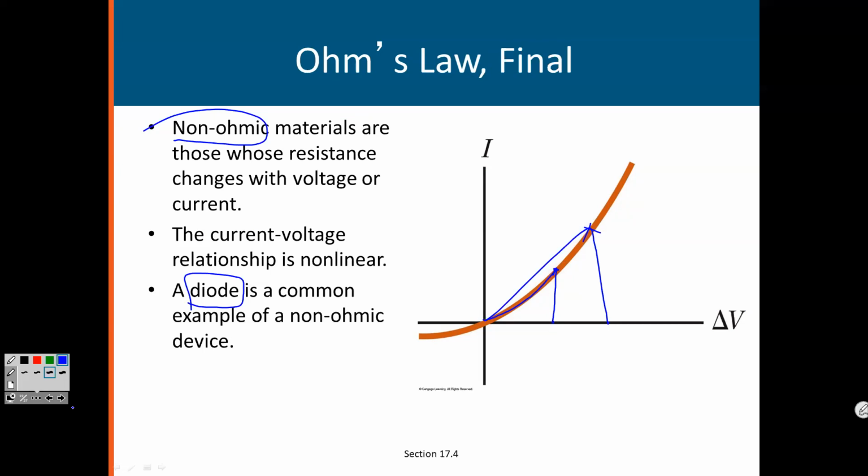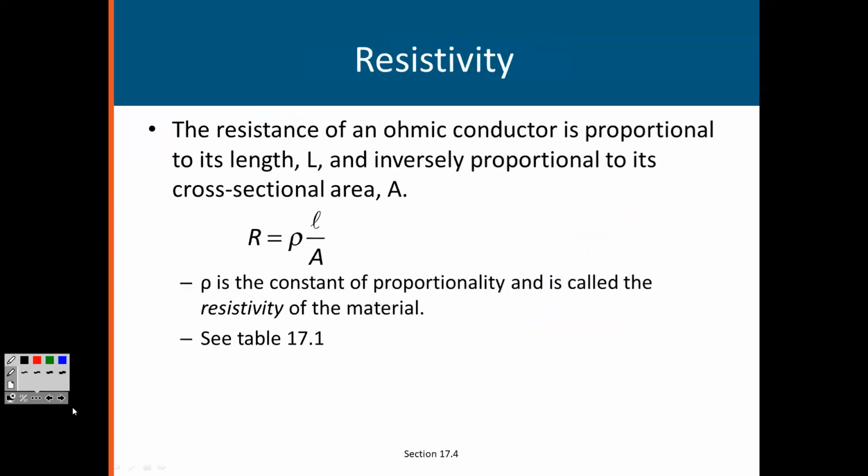Okay, a diode is something that we have in electronic circuits. We'll not deal with it now. If you are doing electrical engineering, you learn more about diodes later. A diode is a semiconductor.